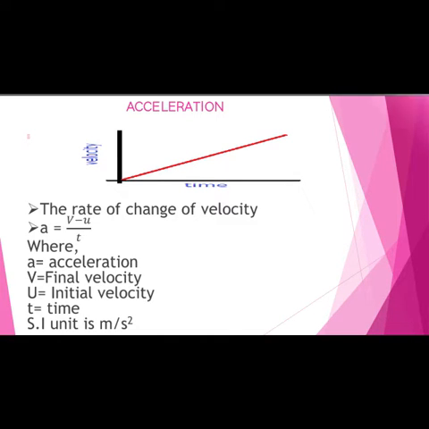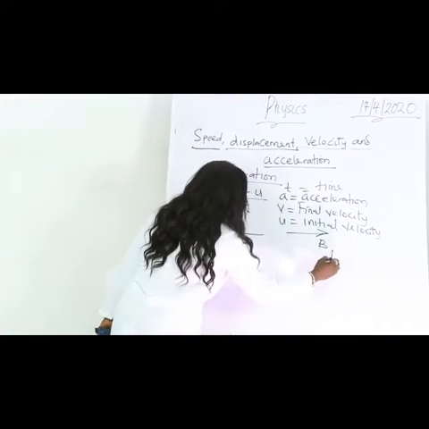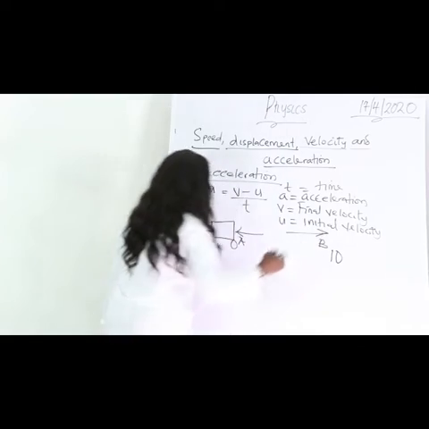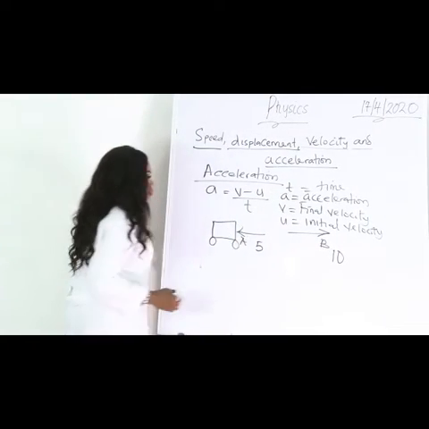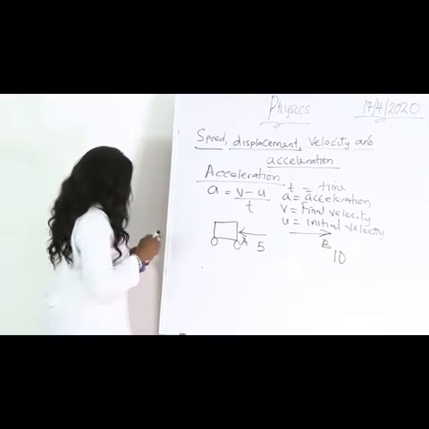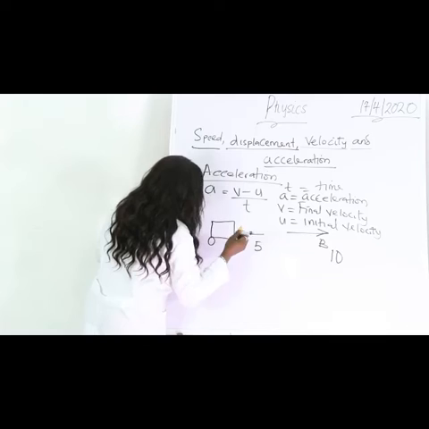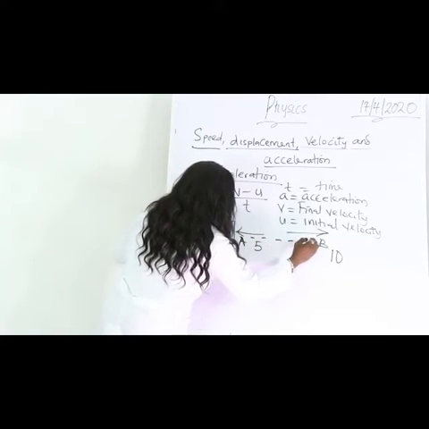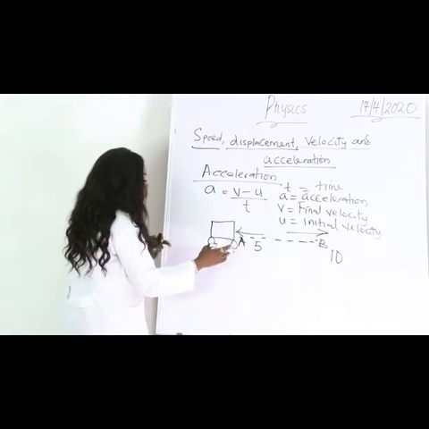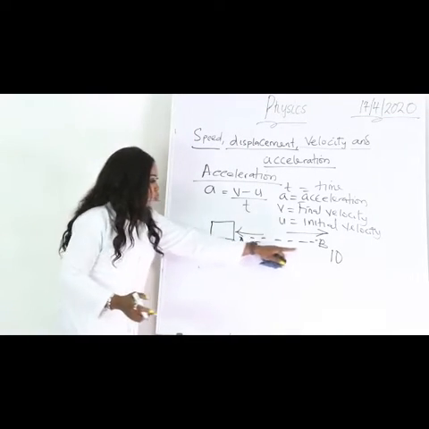So in a case of this nature, the final velocity is, assuming it's 10, and initial velocity is 5. You can see that the car is making progress. As it moves down from point A to point B, it goes down in this form. And so it's very clear that it has progressed from 5 to 10.